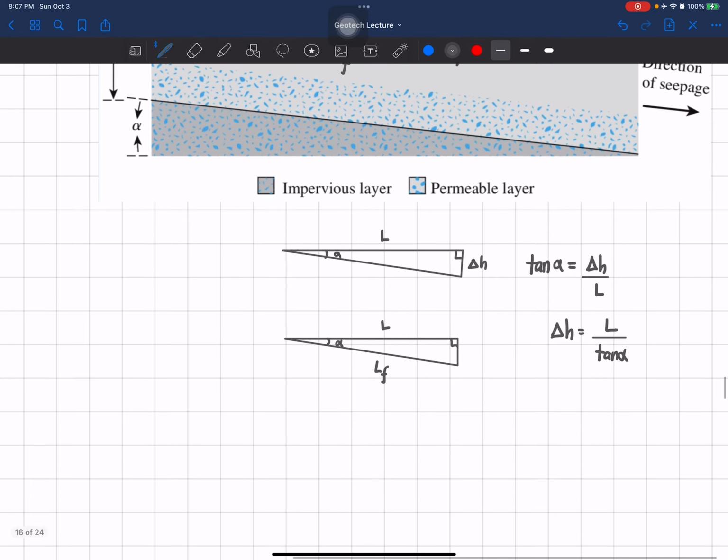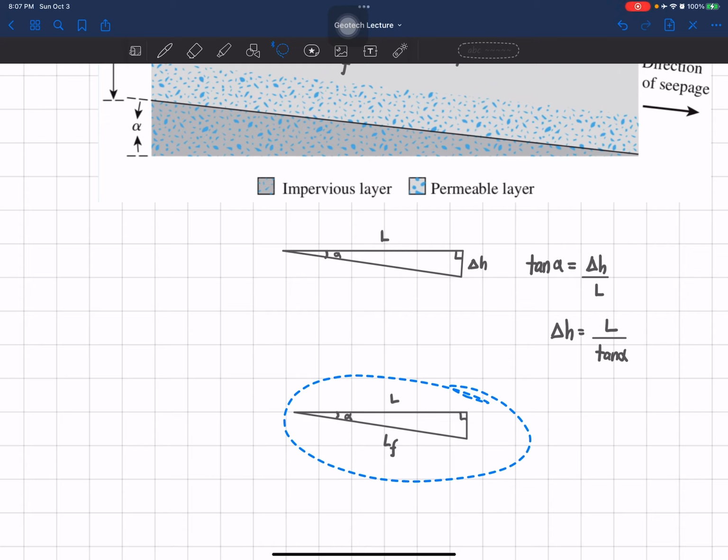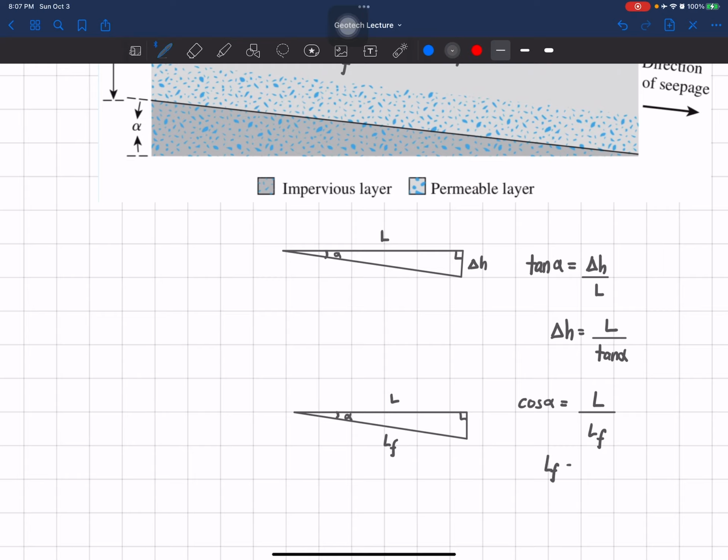Okay? So using trigonometry ulit, medyo ibaba ko siya para hindi kayo ma-confused. Using trigonometry ulit, let's try to solve for LF naman. Okay. So, we can use cosine, guys. We can say that cosine alpha is equal to adjacent L over LF. Okay. So, your LF now is equal to L all over cosine alpha.